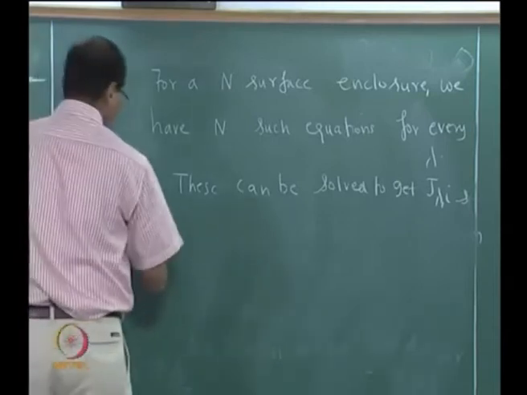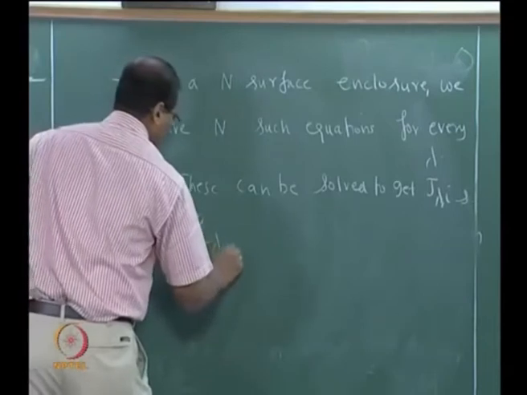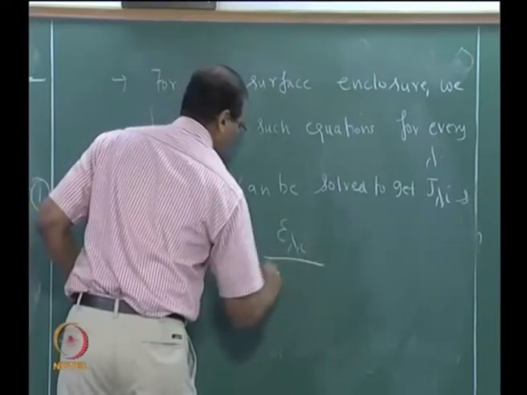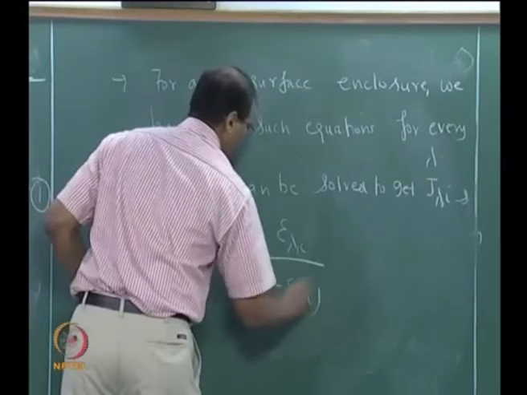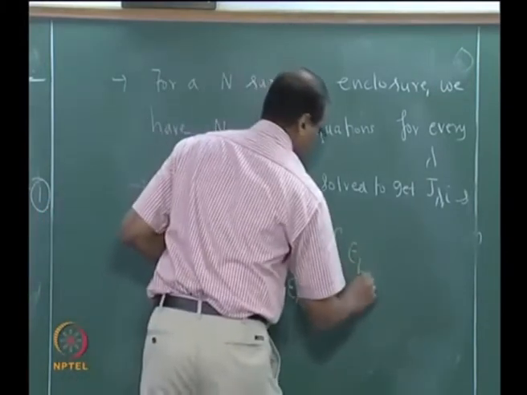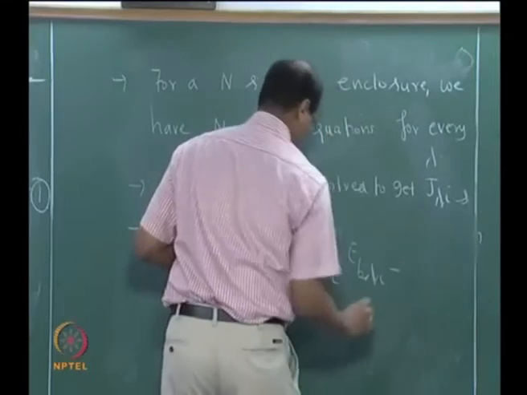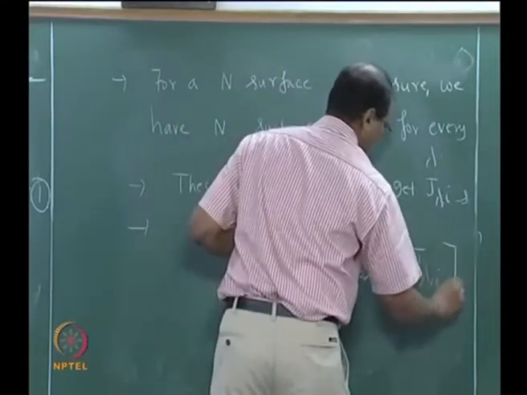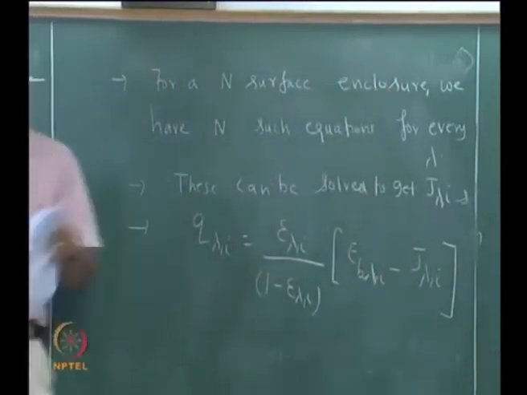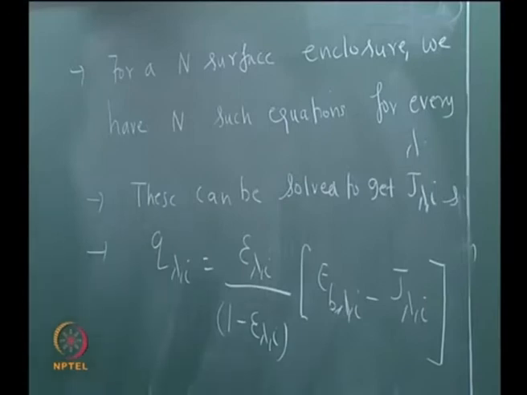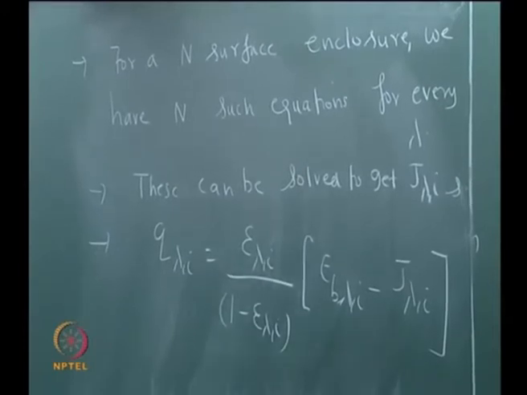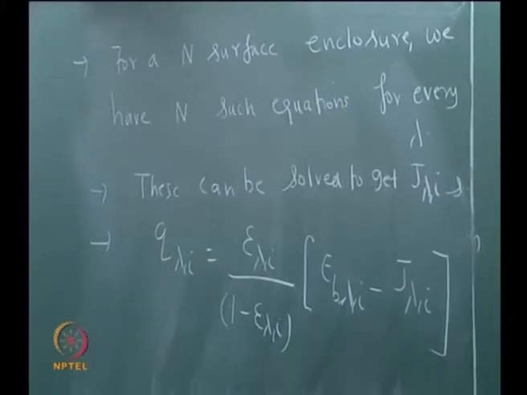Now the Q lambda i will be epsilon lambda i by 1 minus epsilon lambda i into E b lambda of i minus J lambda i.